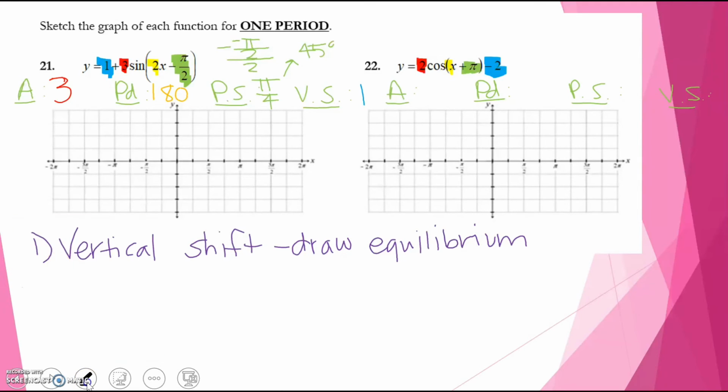So in this case, the vertical shift is 1. That means this graph is shifted up 1, so the new equilibrium is going to be right here. Then the second step is you want to do the phase shift.